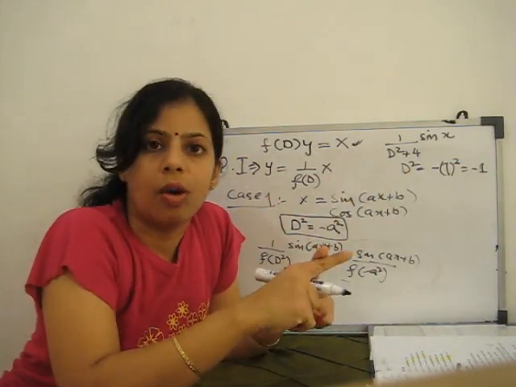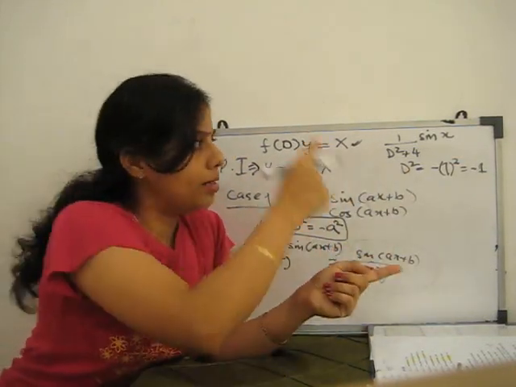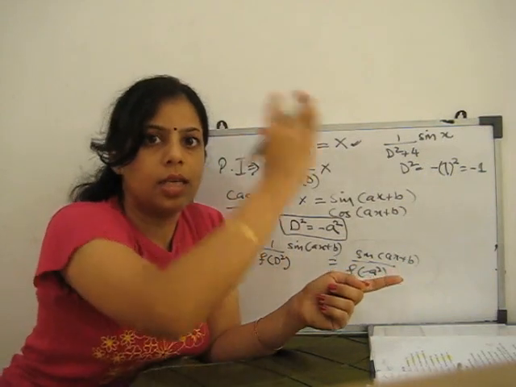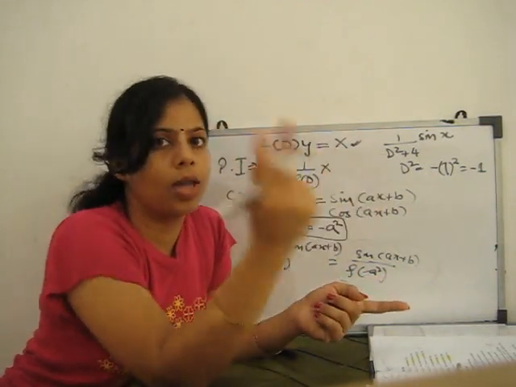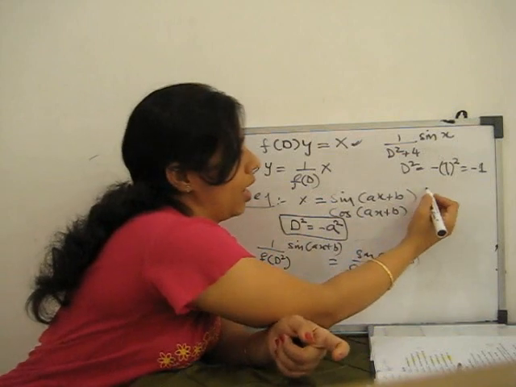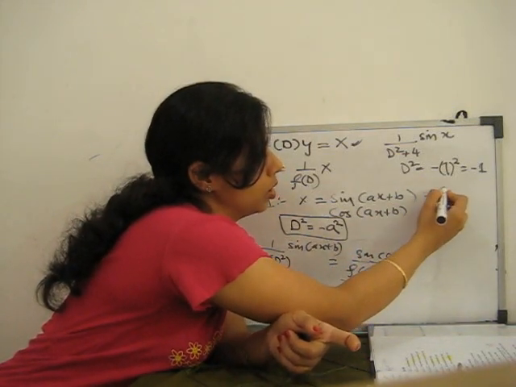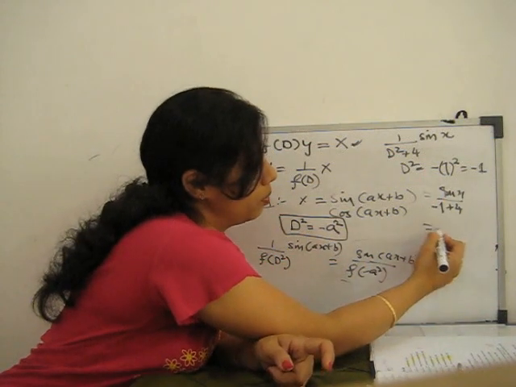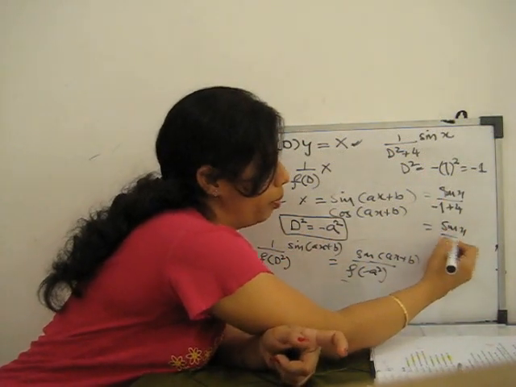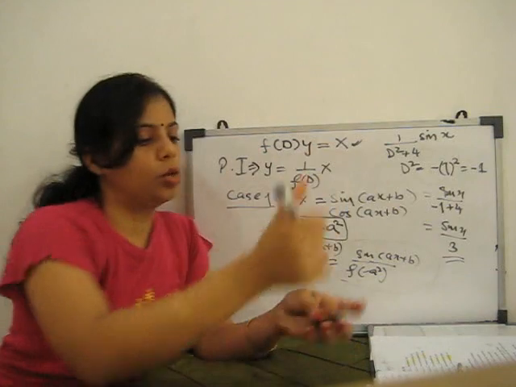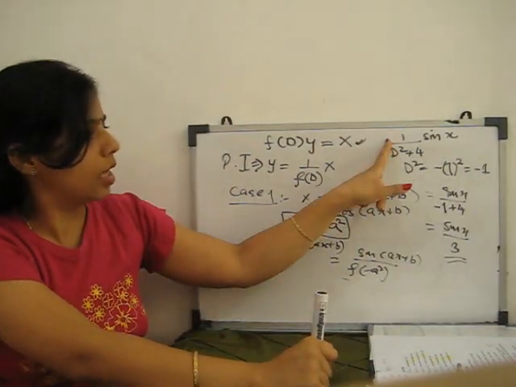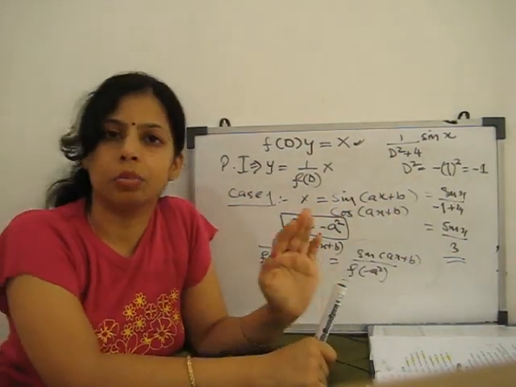You cannot square the minus sign. The minus sign is outside. Minus a square means minus of 1 square, which is minus 1. So our answer becomes 1 upon minus 1 plus 4 times sine x, so the answer becomes sine x by 3. So the particular integral PI in this case is sine x by 3.